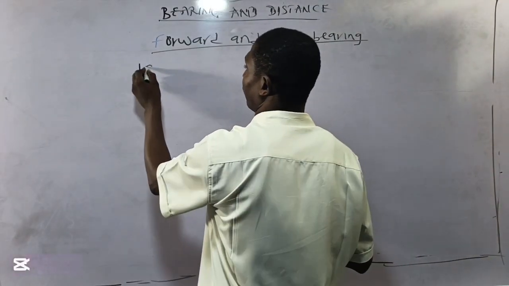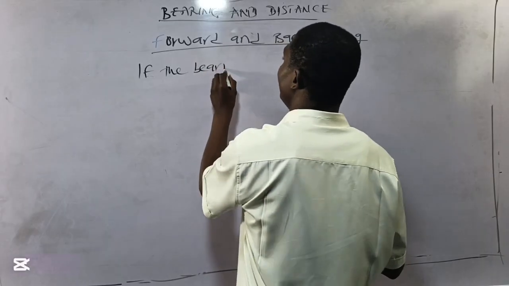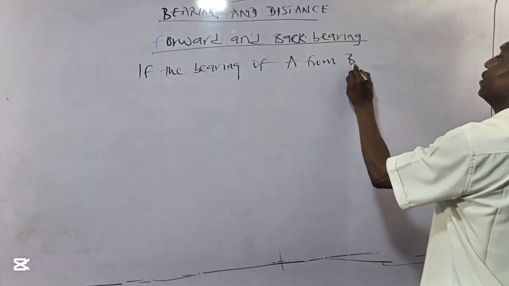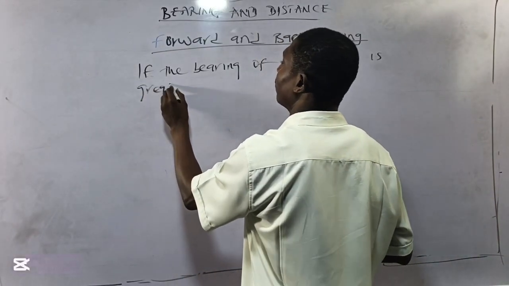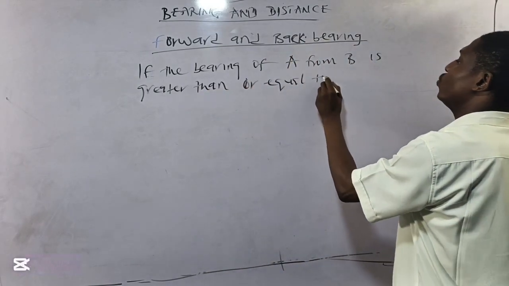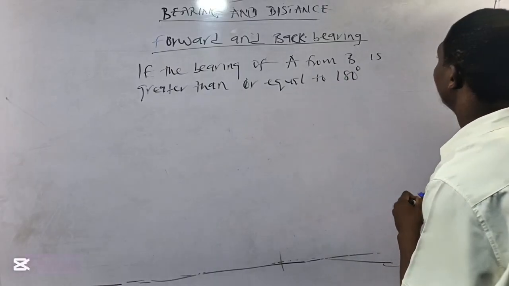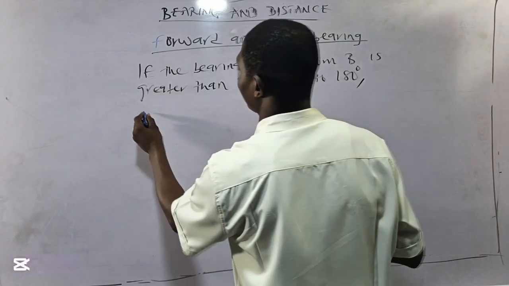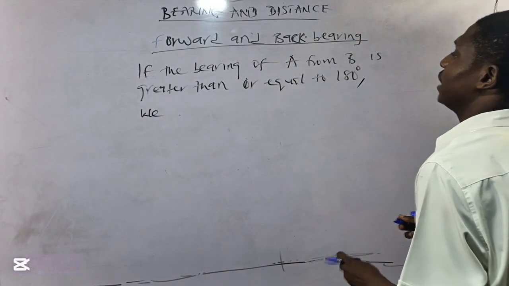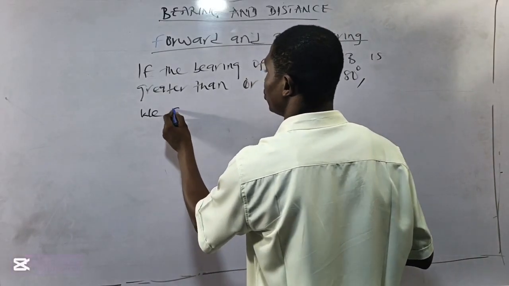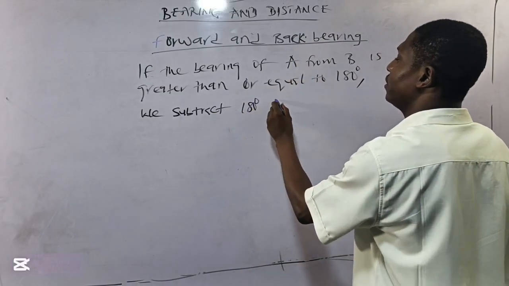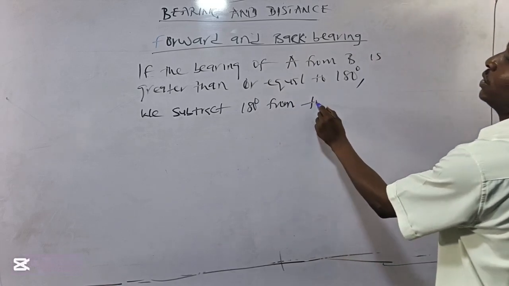If the bearing of A from B is greater than or equal to 180 degree, we subtract 180 degree from the angle.